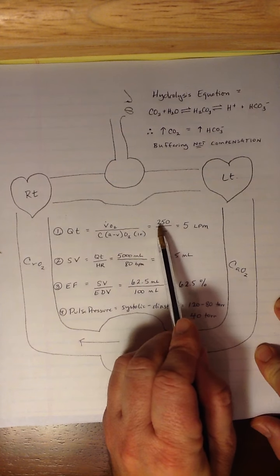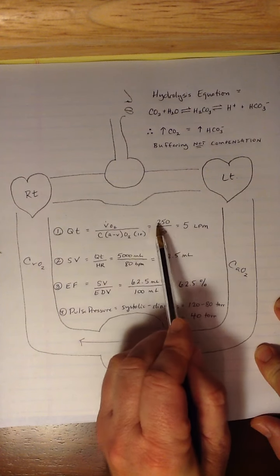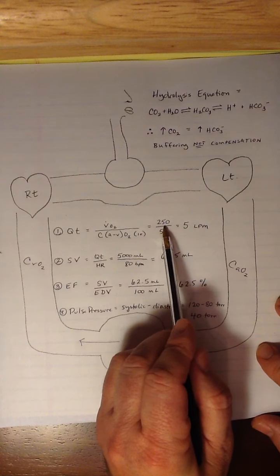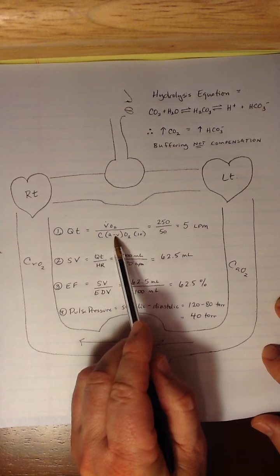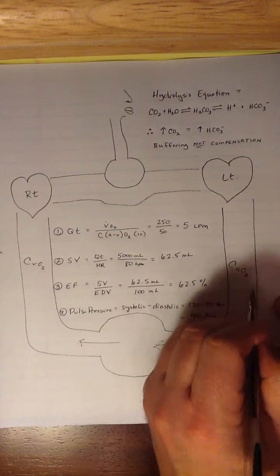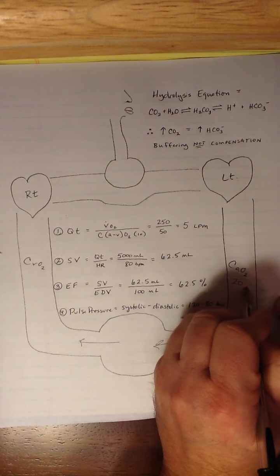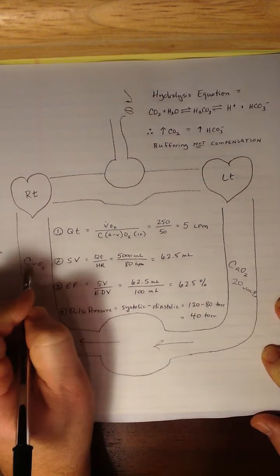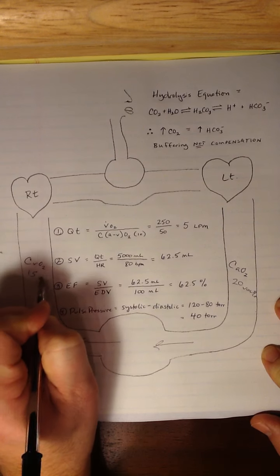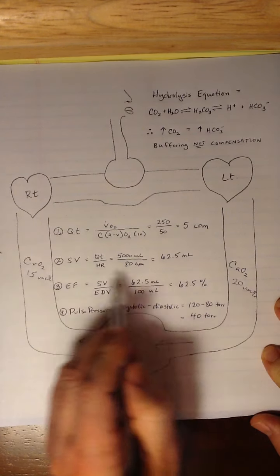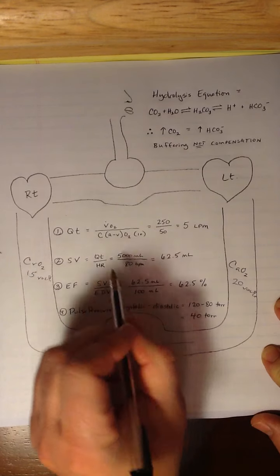So if we take our oxygen consumption, which is approximately 250 mils per minute, and divide by our AVO2 content difference, normal CaO2 is around 20. Normal CvO2 is approximately 15. So 20 minus 15 gives us 5.